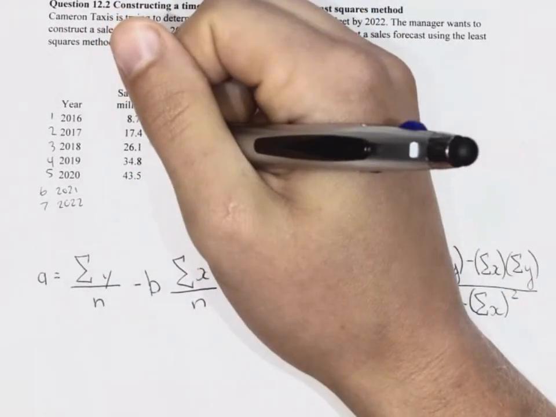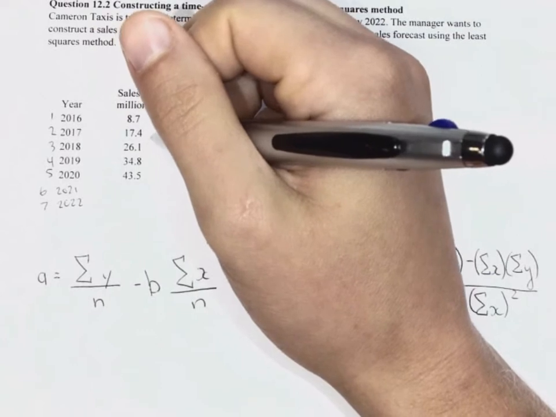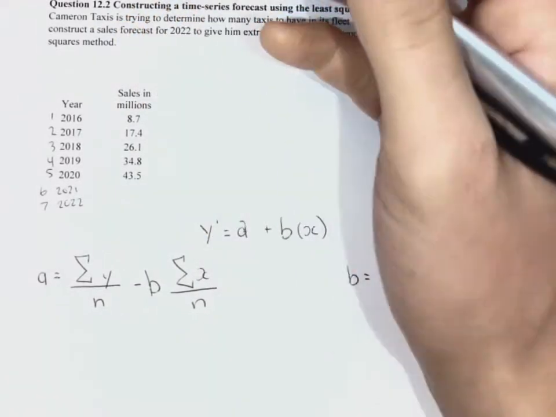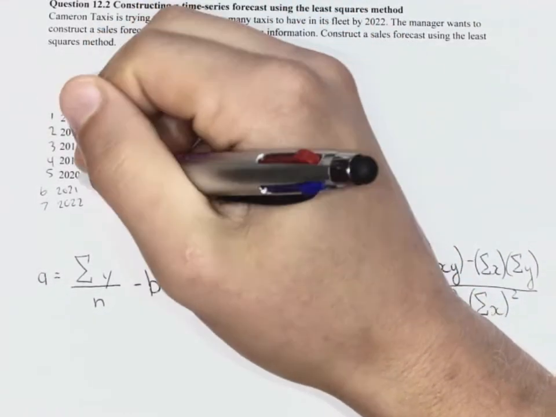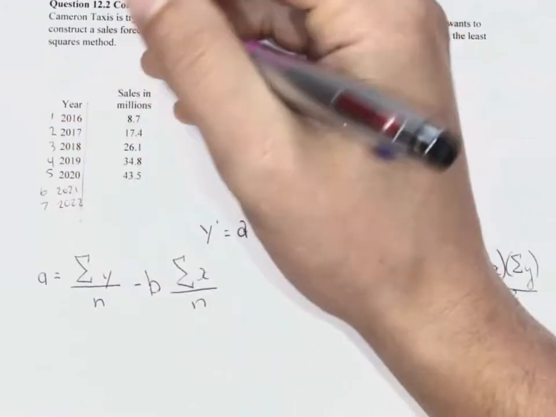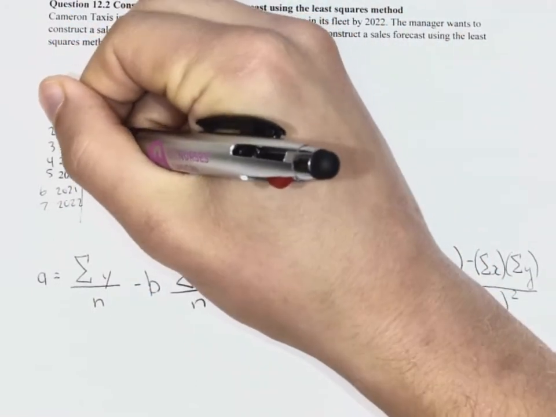So first things we'll do is include our variable. I'm going to add our variable numbers.